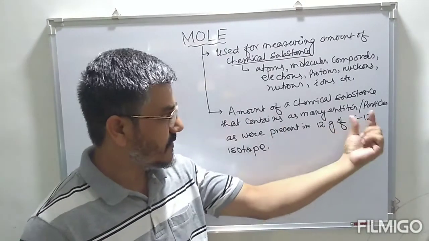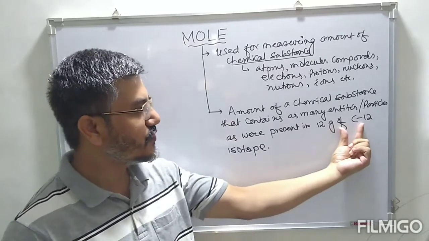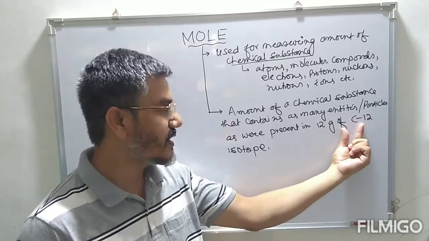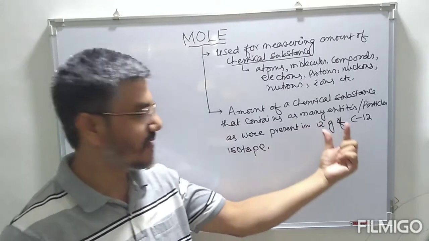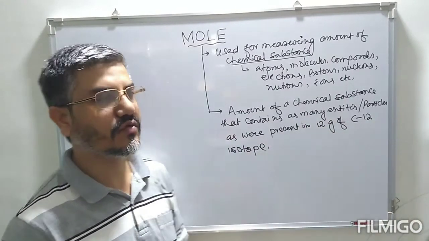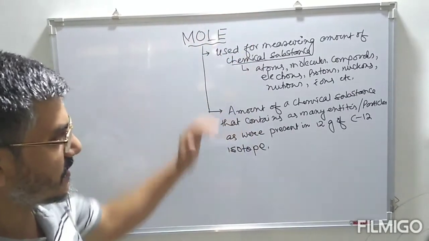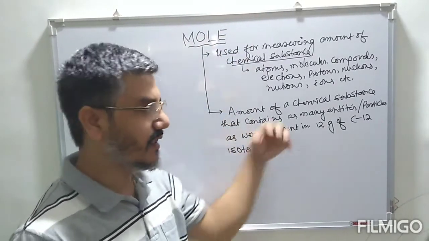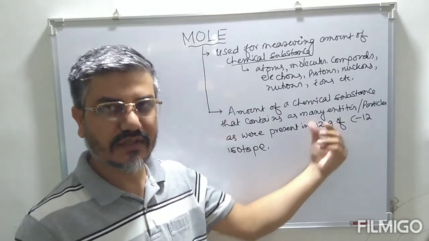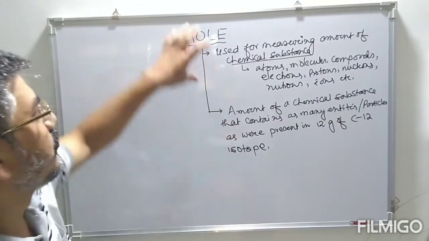As I have discussed, 12 gram of the most stable isotope of carbon, that is carbon 12, contains how many atoms? 6.02 into 10 to the power 23 atoms. Any chemical substance that contains that much amount is what we call a mole.